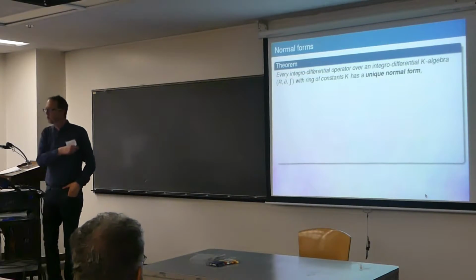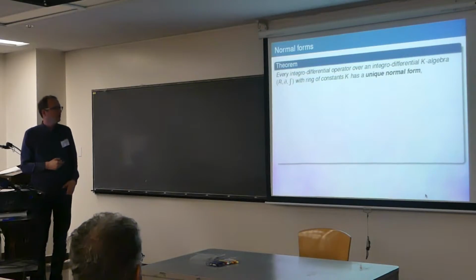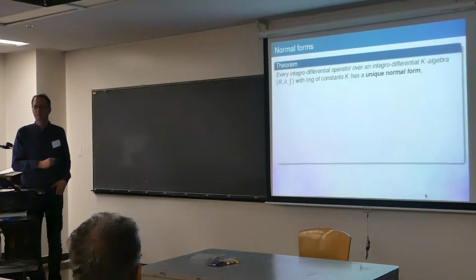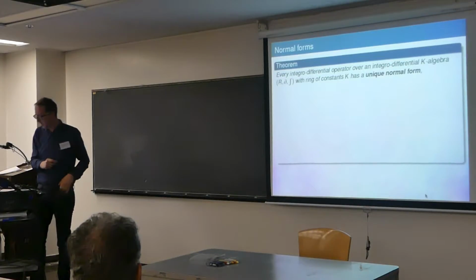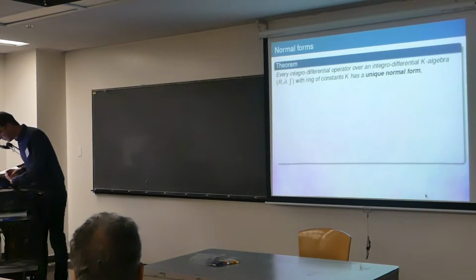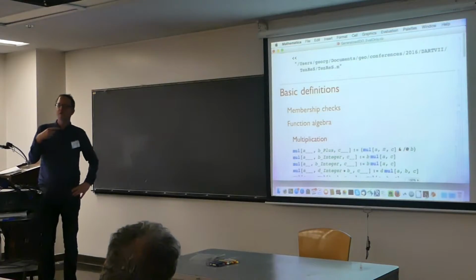But now we want to prove this theorem, and hopefully we have enough time. We want to prove that every integral differential operator over an integral differential algebra has a unique normal form with the given reduction system. What we would have to do is check that all S-polynomials reduce to 0.